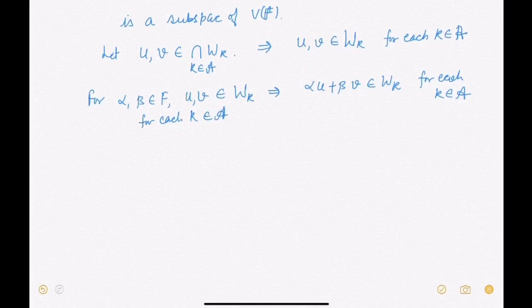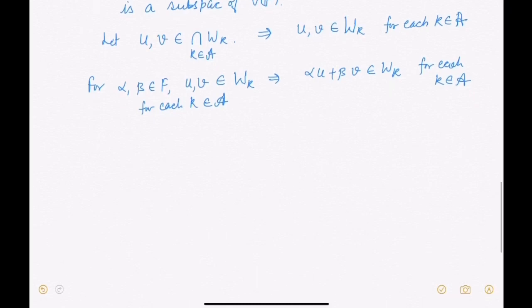So u, v belong to Wk for each k implies alpha u plus beta v belongs to Wk for each k. Since this element belongs to each Wk, this implies alpha u plus beta v belongs to the intersection of all Wk's, k belongs to the set of indices.